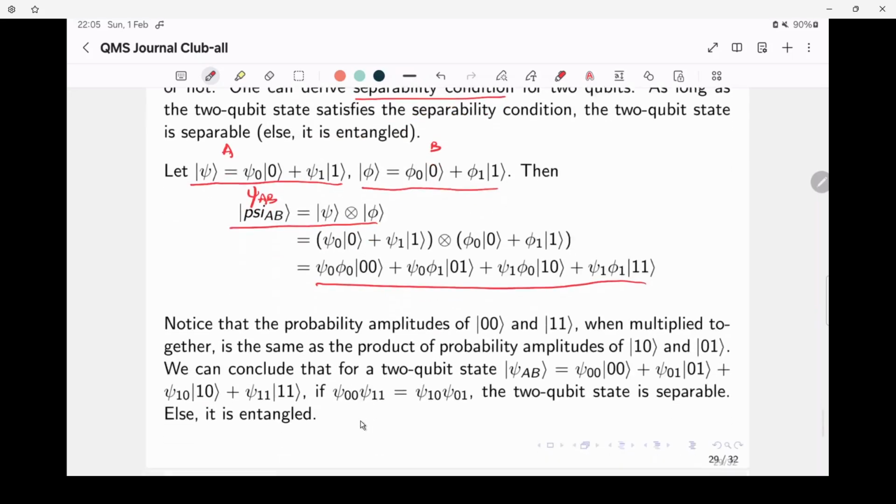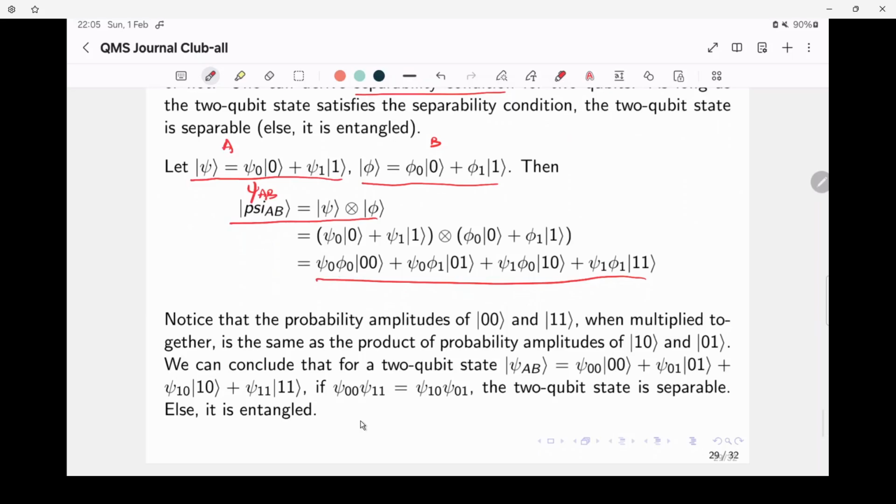Now you can try to compare and contrast. You notice that the first term over here, when you multiply with the last term over here, the probability amplitude gives you psi naught phi naught, psi1 phi1. Now you multiply these two together, you get back the same thing.